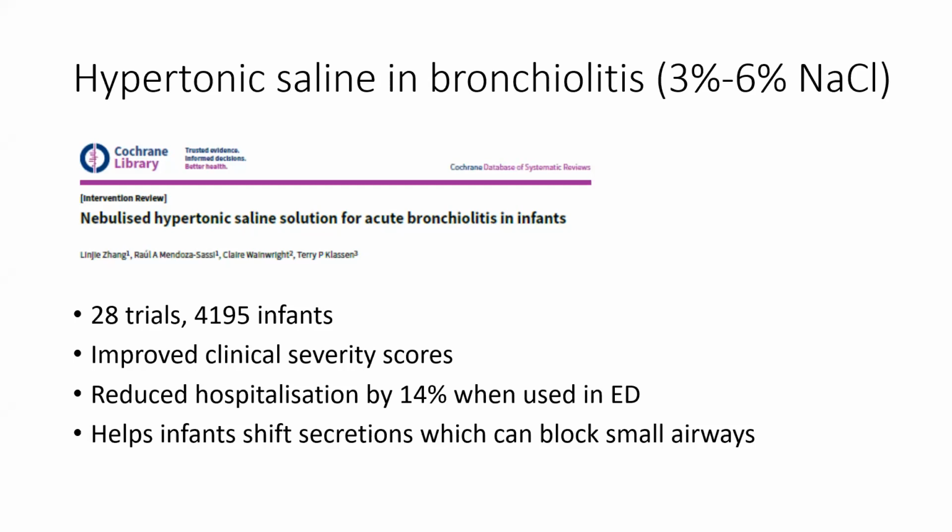Mostly hypertonic saline helps infants shift their secretions when they block their airways. You see the babies that feel like their lungs are full up of secretions, and they get very irritable, and they block their lungs with mucus and secretions, and that causes them to be hypoxic. And for some of those children, then hypertonic saline can work.